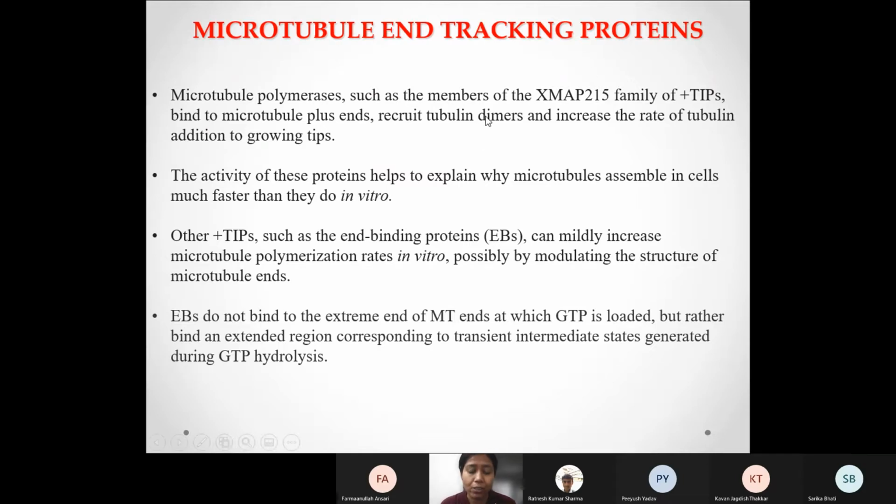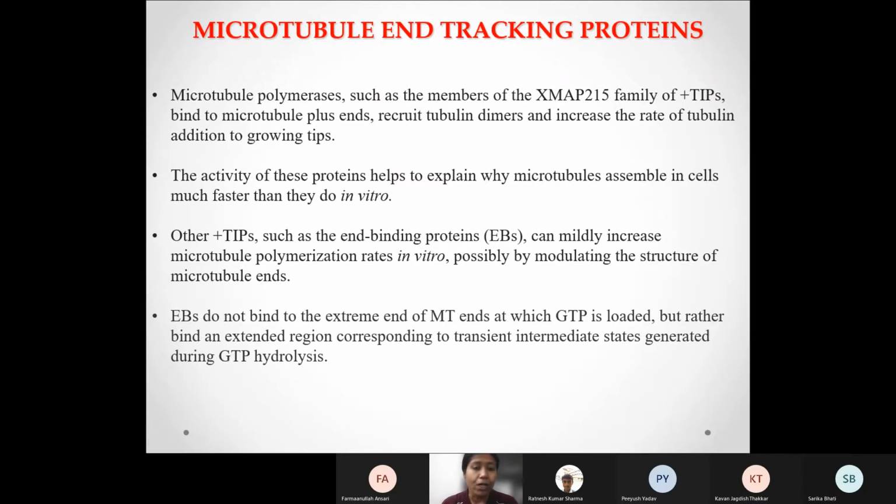These bind to the plus end of the growing microtubule, and they bring in these dimers and help in quick polymerization of the microtubule. So they have an affinity for the plus end. These microtubule polymerases bind at the tip, right?